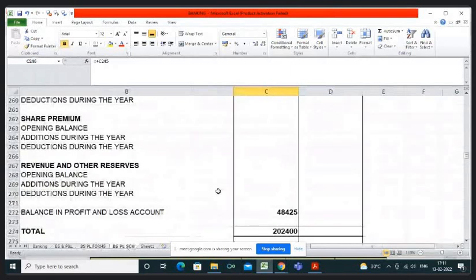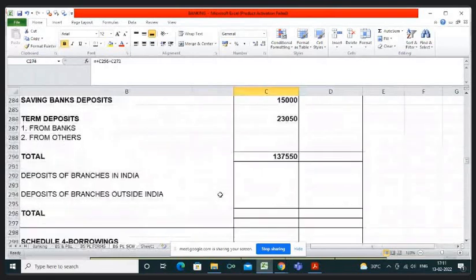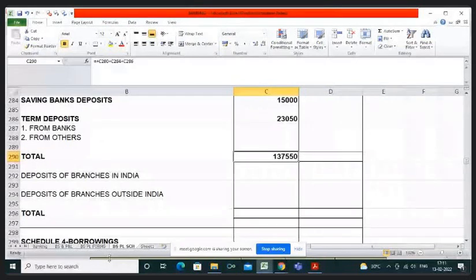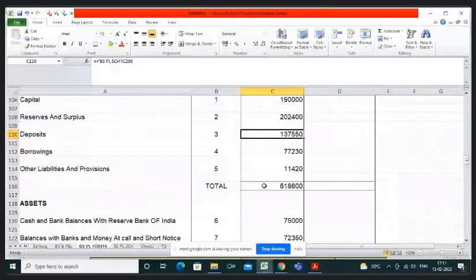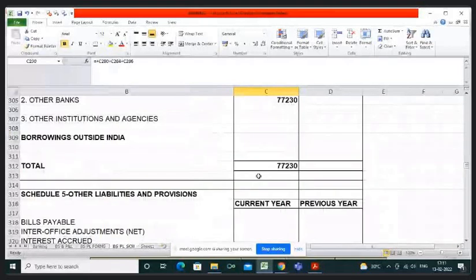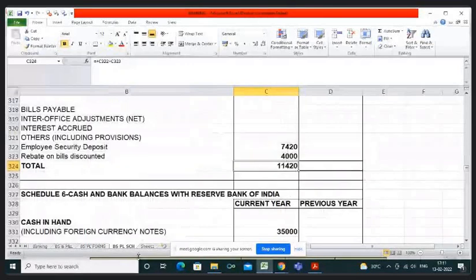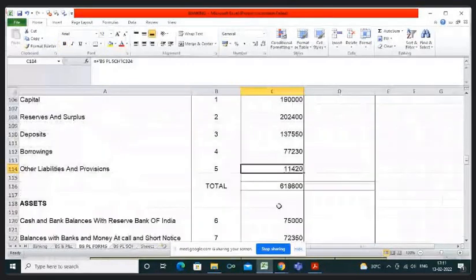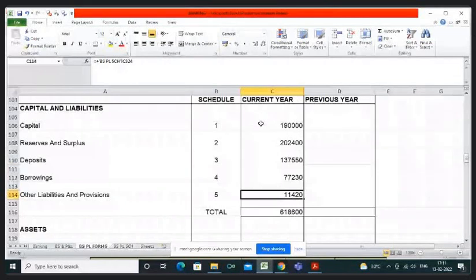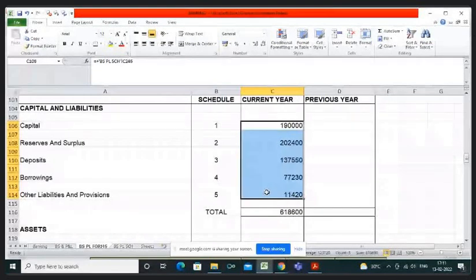And then deposits 137,550. Then borrowings 77,230. So this is the total. Then schedule number 5, 11,420. So my 5 schedules are over. I'll check the liabilities total. It is 618,600. This is correct.